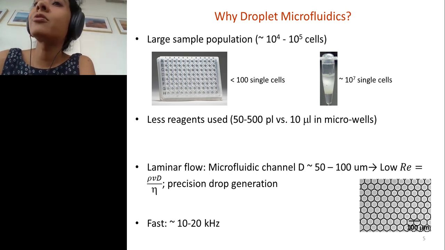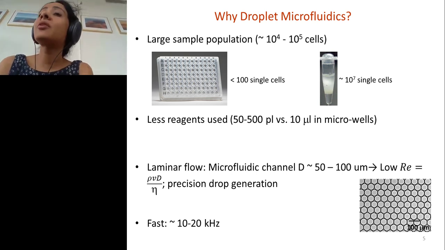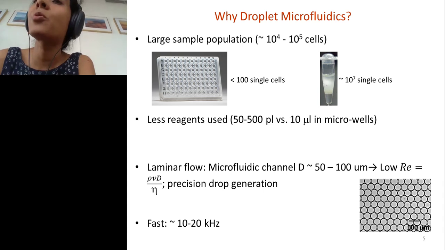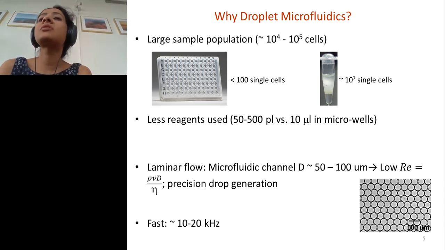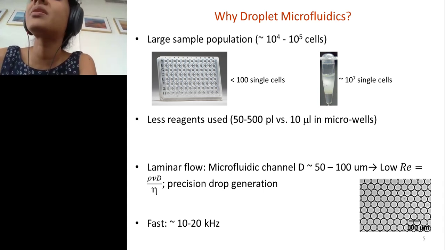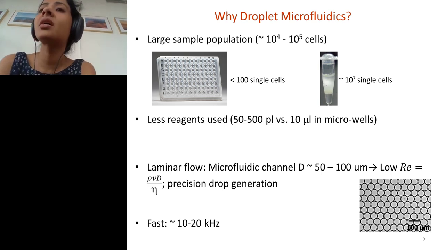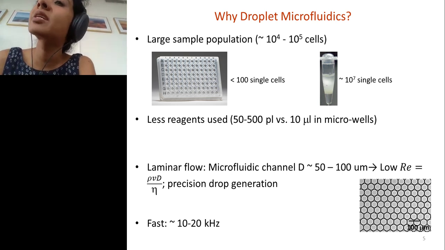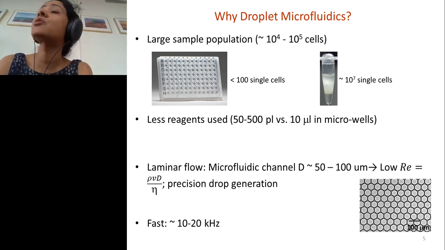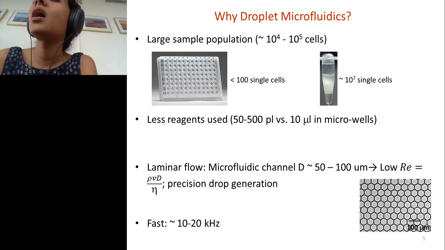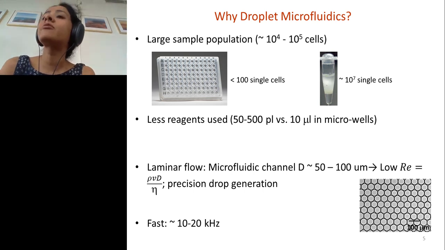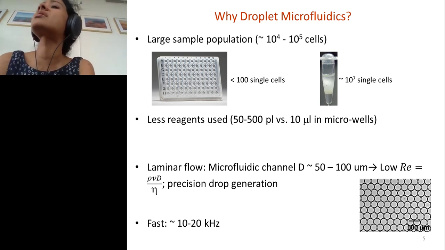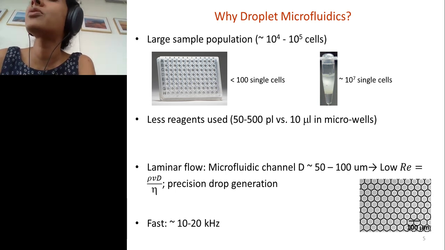So why droplet microfluidics? There are other ways of doing these kind of techniques also, such as microwells or nanowells. People still do a lot of plate-based single-cell sequencing. A regular plastic microwell plate, for example, has 96 wells where you can easily process 96 cells. What this droplet microfluidic allows us is to just scale up this number many folds.